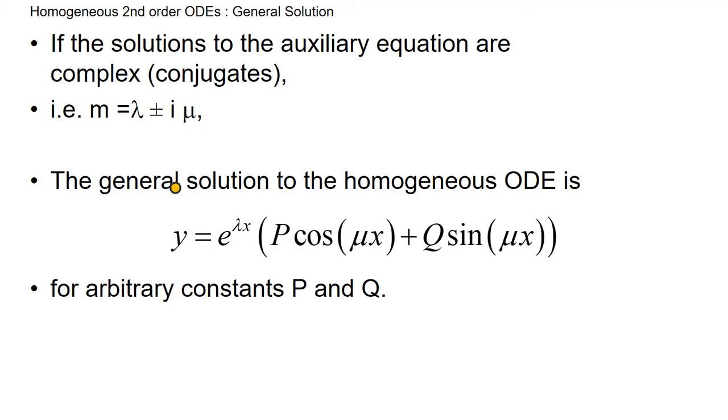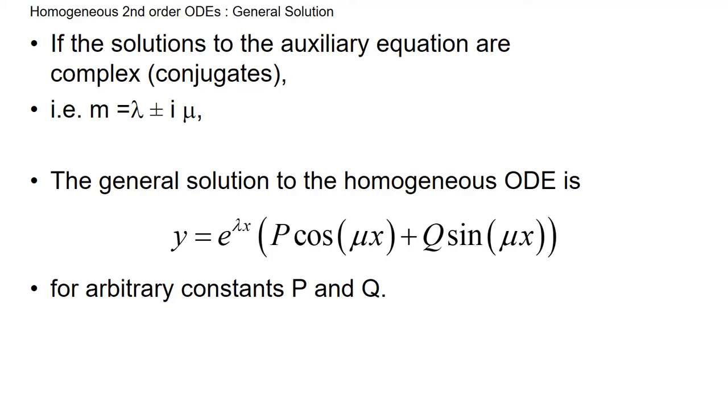In that case, we can write the general solution as the exponential of lambda x multiplied by one constant p times the cos of mu times x plus another constant q times the sine of mu times x. Again, for constants p and q. So that's the three cases.